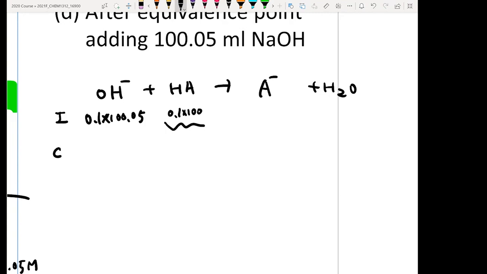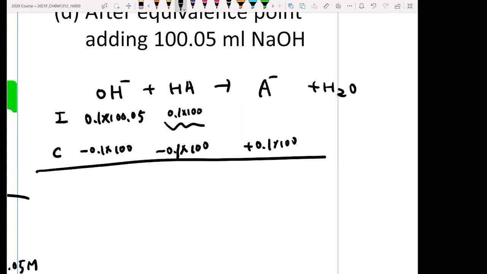Therefore, that is the thing that's going to be fully consumed. So you're going to have minus 0.1 times 100 here, and plus 0.1 times 100 here. Once you reach equilibrium, all you have is 0.1 times 0.05 for OH minus. This is 0 for HA, then you have 0.1 times 100 for your A minus.